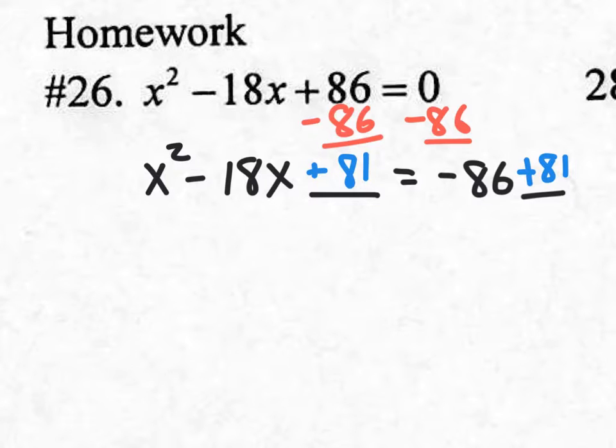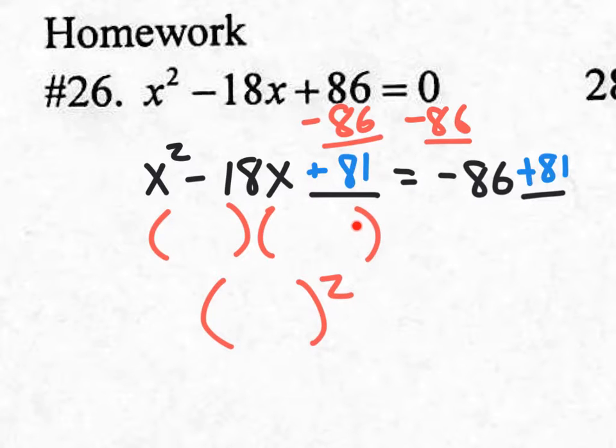Okay, now check this out. The whole purpose of getting this perfect C value is to be able to write it as a binomial times a binomial, but ultimately to write it as a binomial squared. And I might as well teach you right now that you could actually skip this step right here and just jump to your binomial squared.